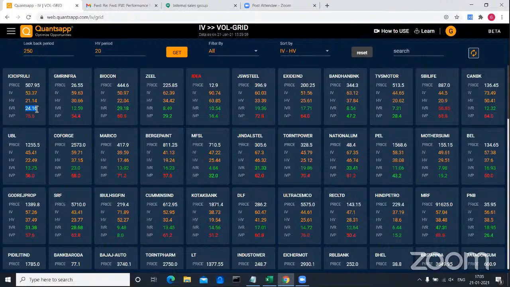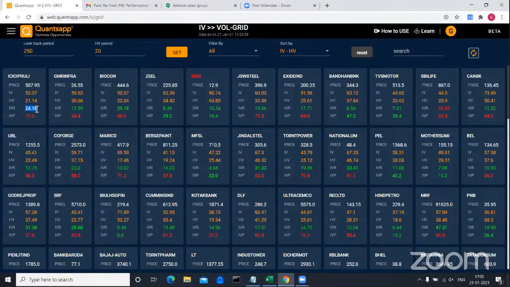So 30 to 60 was the previous year's range of the volatility IV. If I want to rank today's volatility based on the past 1 year, and the current volatility is somewhere around 45.